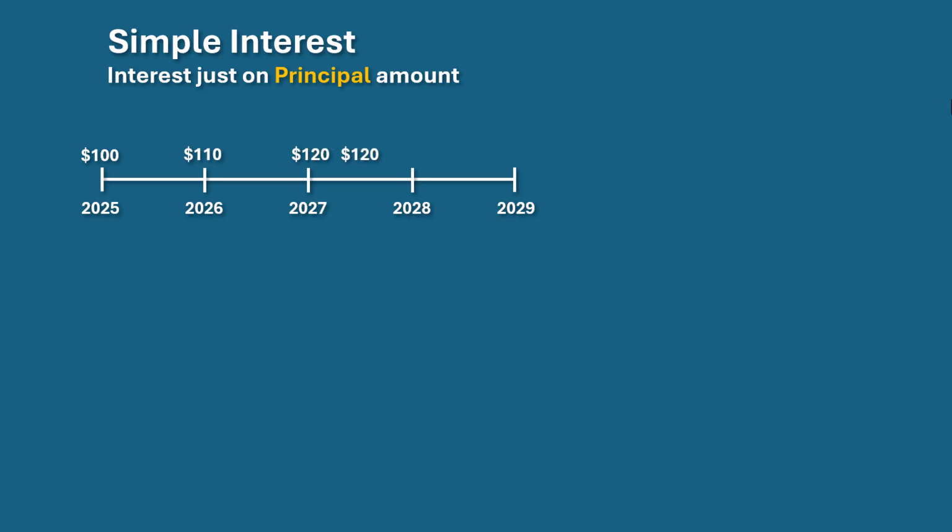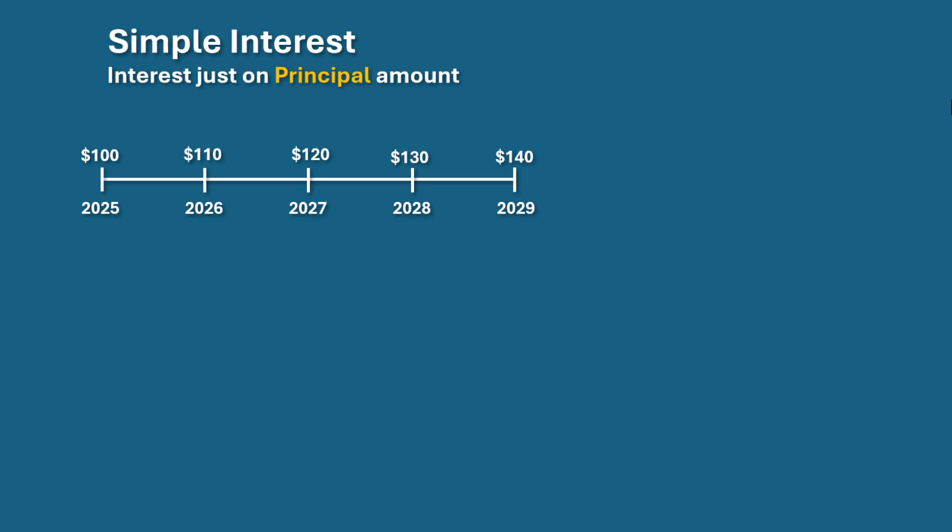For the year 2028, my amount is $120, and the interest on the principal amount is again $10. So the total becomes $130. For the final year, 2029, my previous amount is $130, and the interest on the principal amount is $10. So at the end of 2029, I have a total of $140.